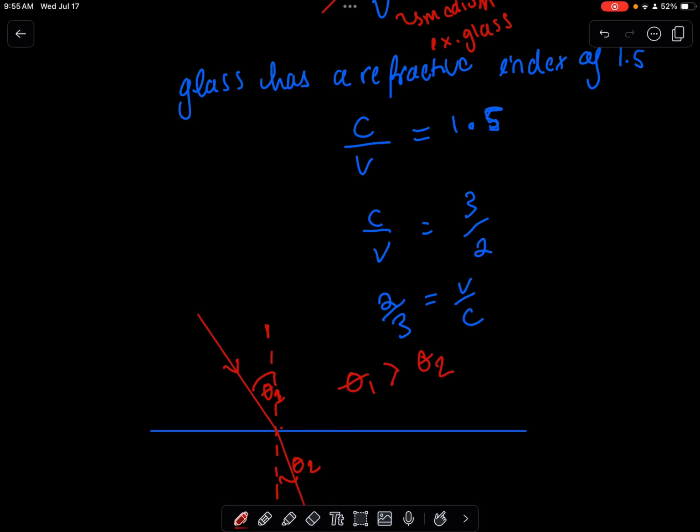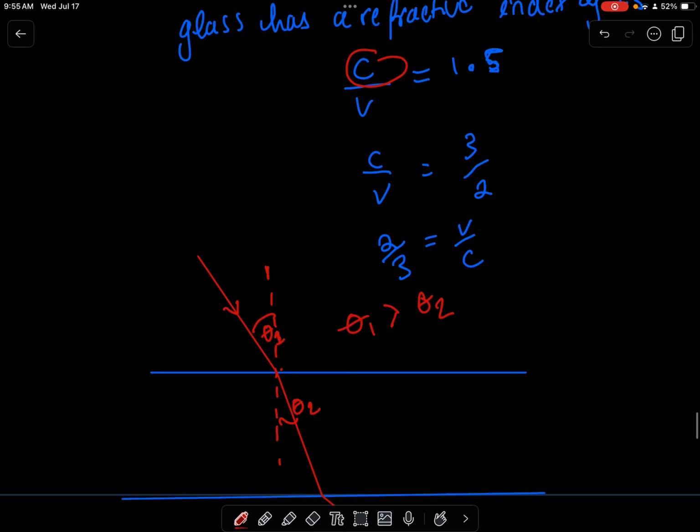So if glass has a refractive index of 1.5, if you divide the speed of light in air or in a vacuum, we usually approximate the speed of light in air as the same as the speed of light in a vacuum. So if we divide those two, we'll get this value 1.5. So C over V is 1.5.